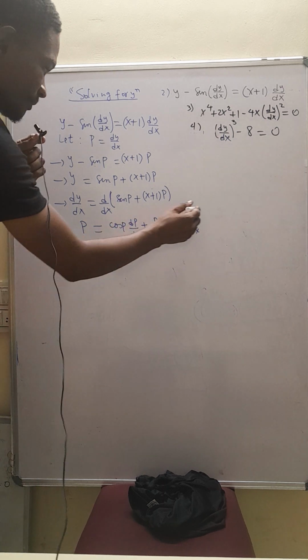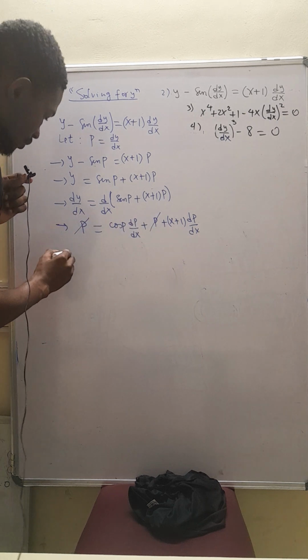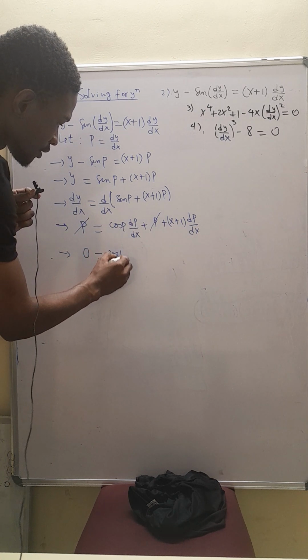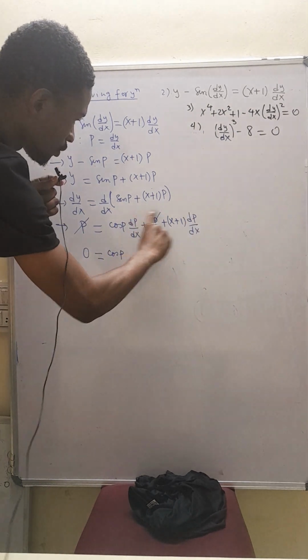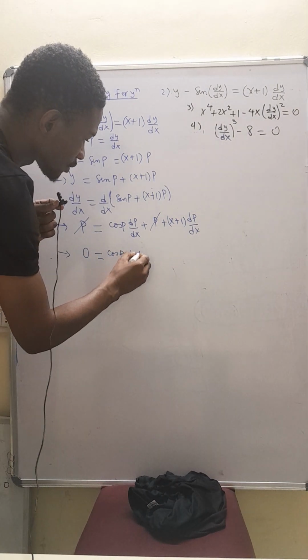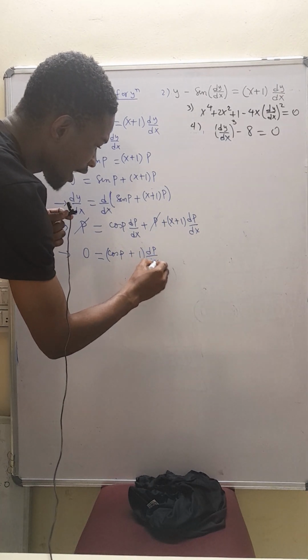Now let us solve this equation. This p and this p cancel out, so 0 is equal to cos p plus 1, taking these two terms common, times dp dx.